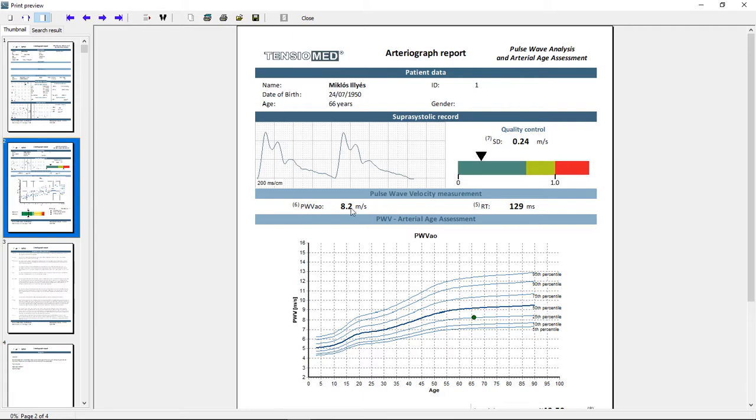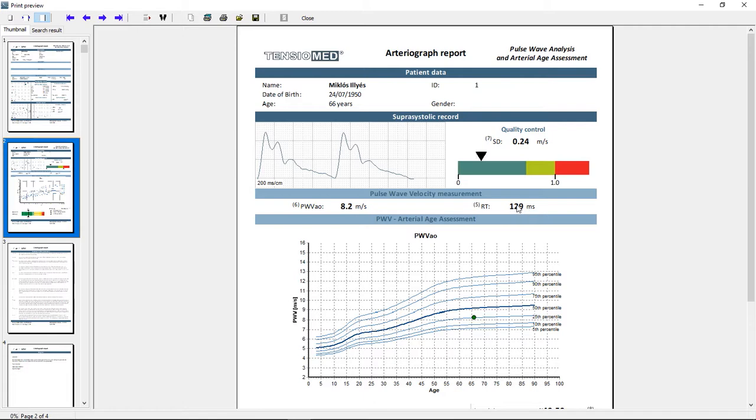Here we can see the measured aortic pulse velocity, which turned out to be 8.2 meter per second in this case. Also, we can see on the right side the return time of the pulse wave. Return time means the time to travel down from the aortic arch to the bifurcation and be reflected.